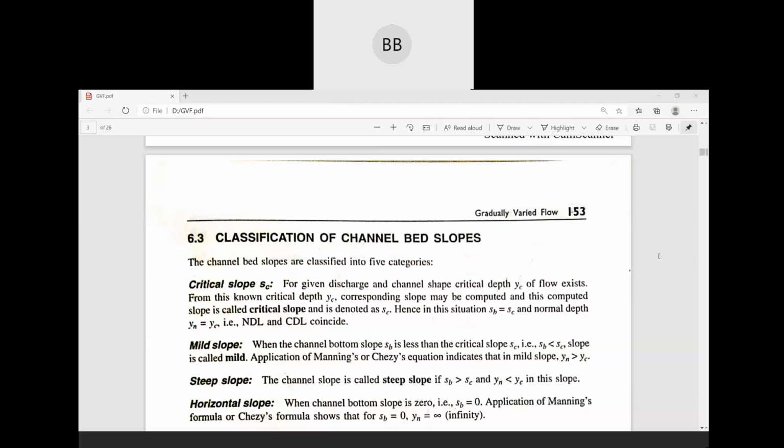So, next topic related to your gradually varied flow is the classification of channel beds. Next topic, you write classification of bed slope.